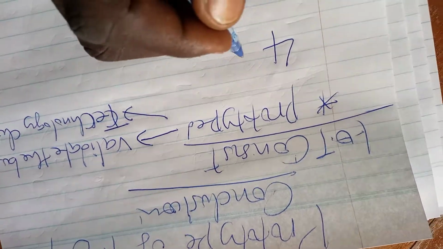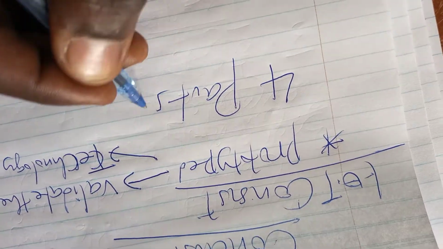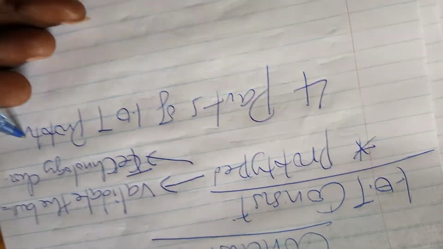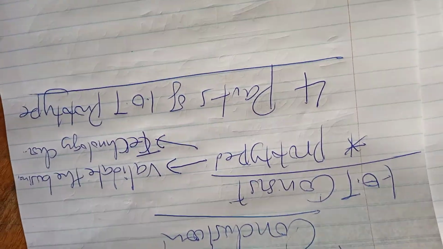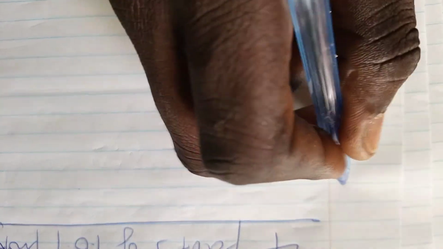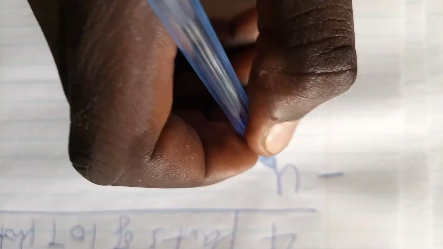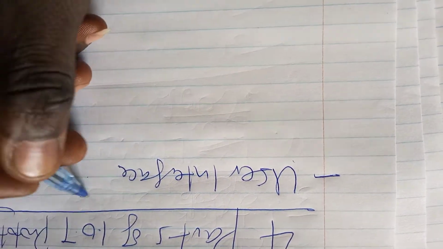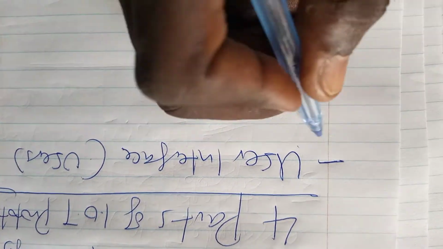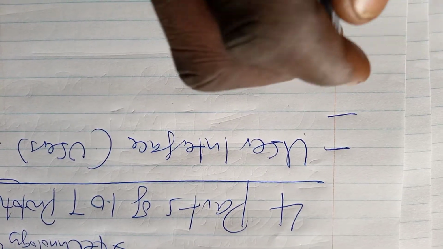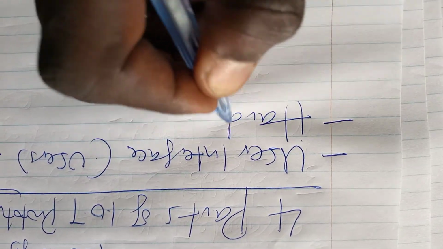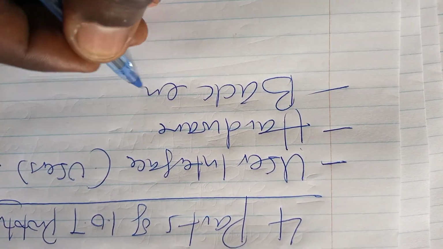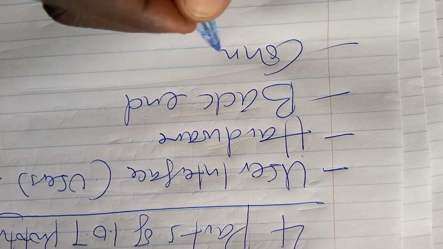The 4 parts we talked about include, as we said earlier: the user interface, where the users can be interacting, the hardware, the back end, and the connectivity.